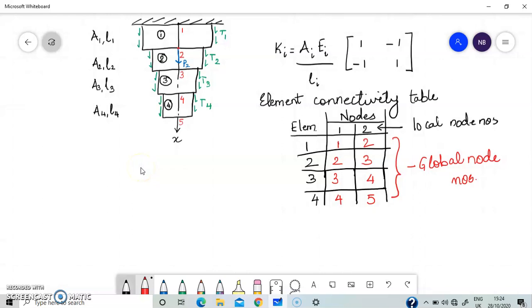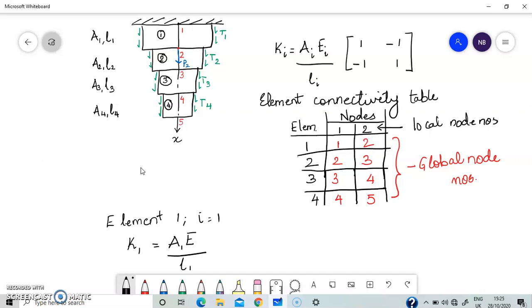So let us write down the stiffness matrix for element 1. For element 1, i is 1. So K1 equals A1, that is the area of element 1, into E upon L1.